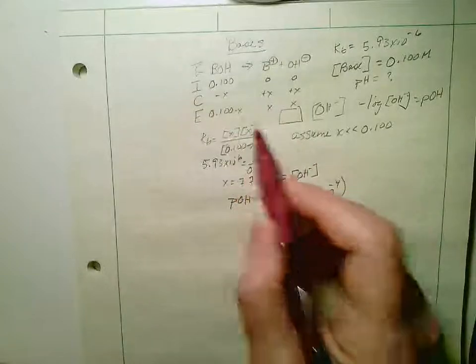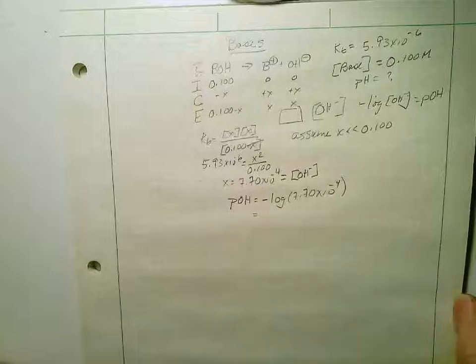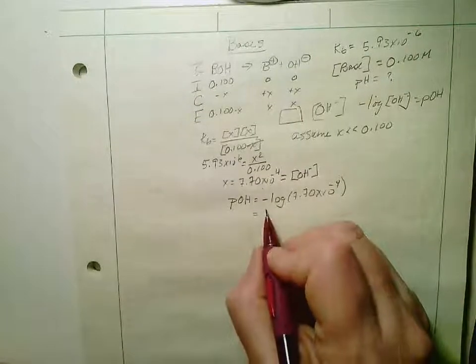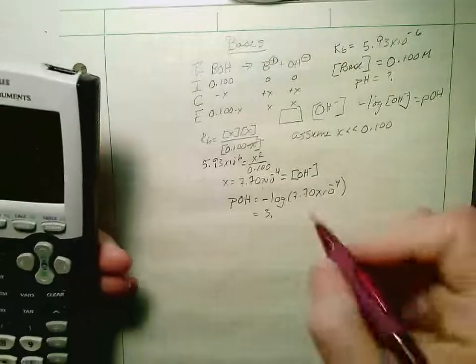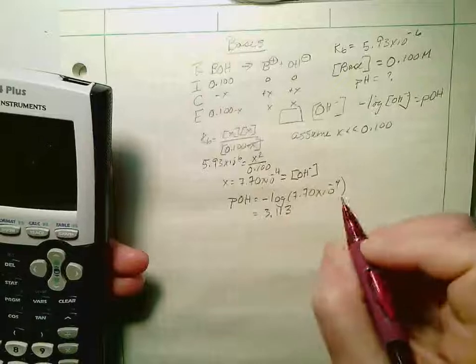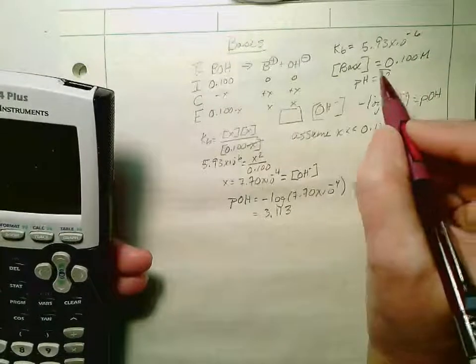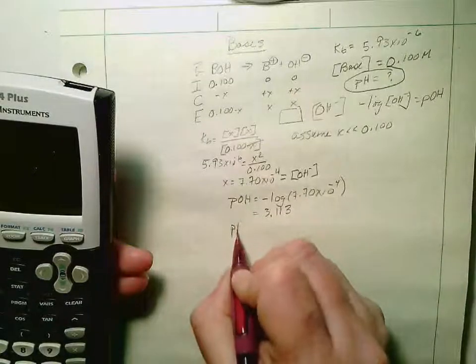I have 3 significant digits, and I have 3 significant digits, so we're all good. We have to remember that's pOH, which is 3.113. But the question asked you for pH, not pOH.